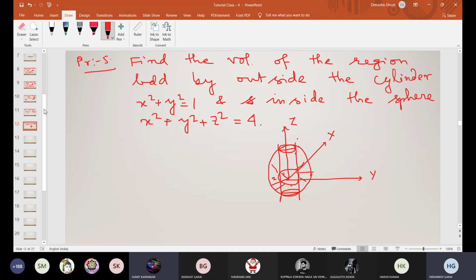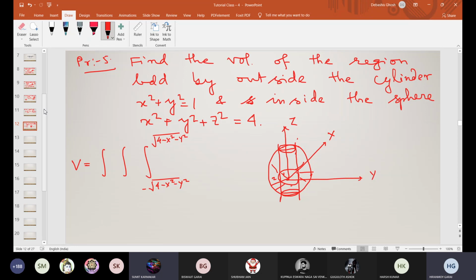So you can use directly the range for your z. The hint I'm giving you is that this is the volume of that portion. So integration, integration, and integration. Then z has its range from minus under root of 4 minus x square minus y square, that is also because that portion is common to both the cases, to under root of 4 minus x square minus y square.